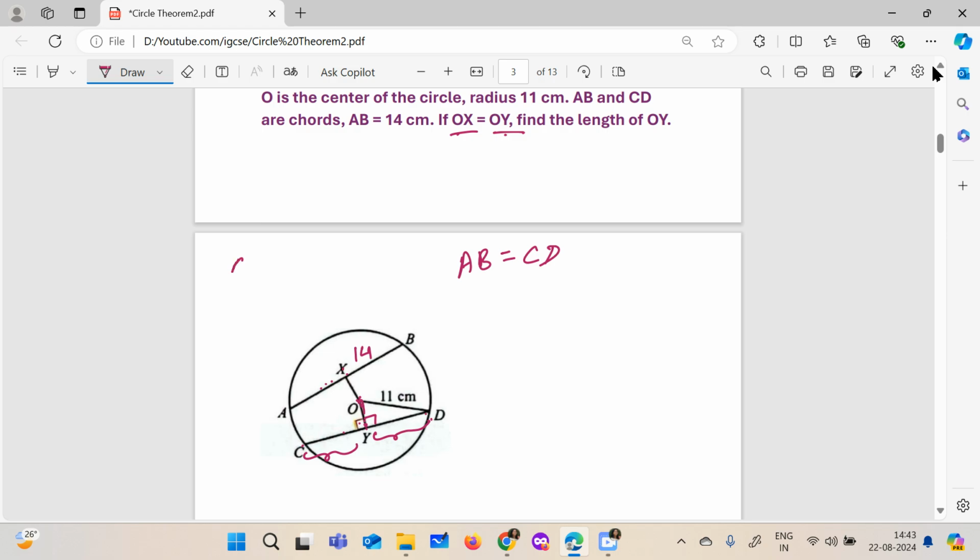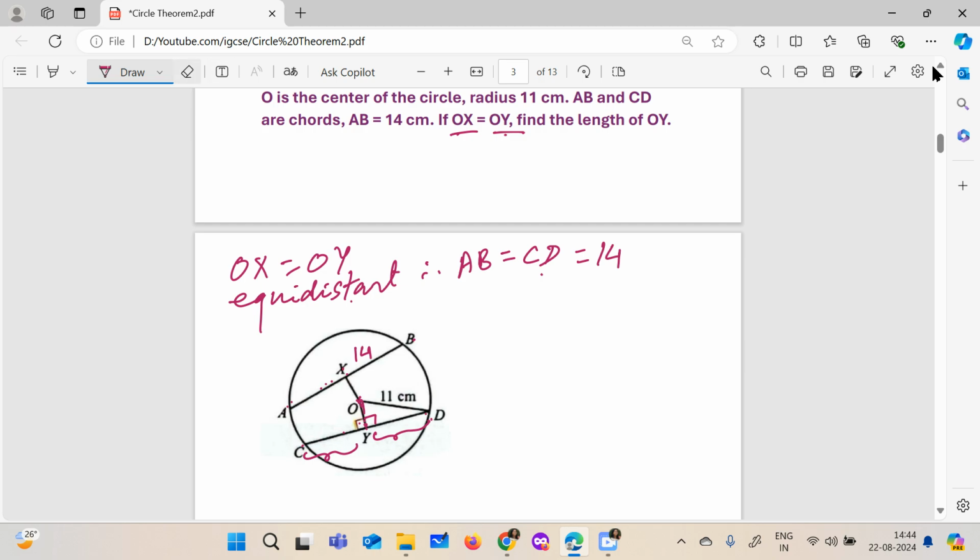Because it says that OX is equal to OY, that makes the chords equidistant. Therefore, AB is equal to CD. When you say AB is equal to CD, then AB is 14, so CD is also 14, right?